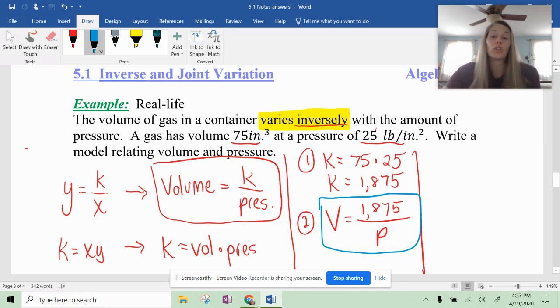Then you would have to use this model that we just wrote and plug in numbers. The reason I always want to write this is because there could be 3 of them. It could say, find the volume at the following pressures, 50 pounds per square inch, 75 pounds per square inch, and 80 pounds per square inch or something like that. So you don't have to keep doing it over and over. You just write the equation once, and then you can just plug in as needed to get the different answers.